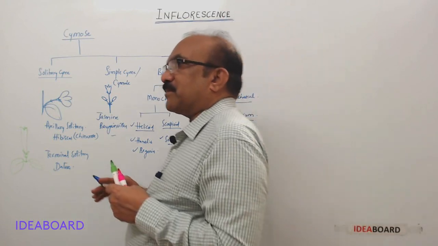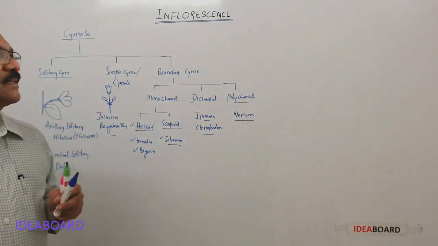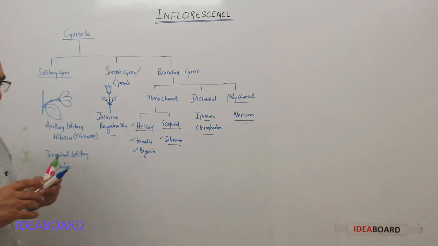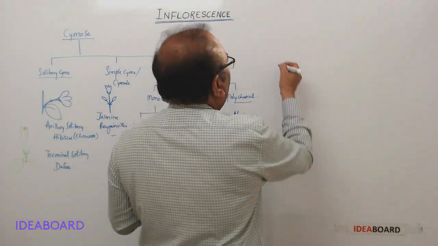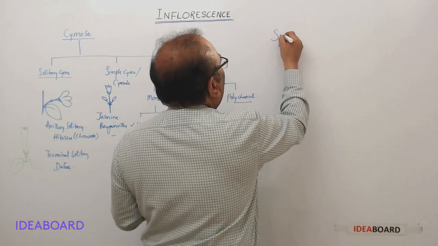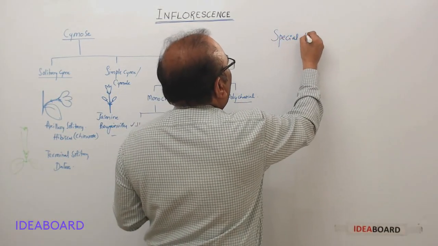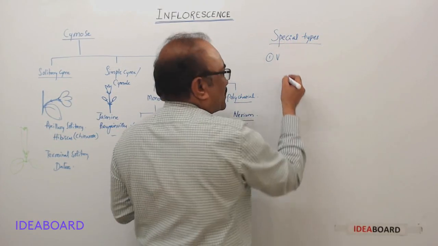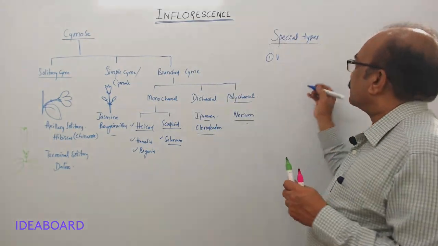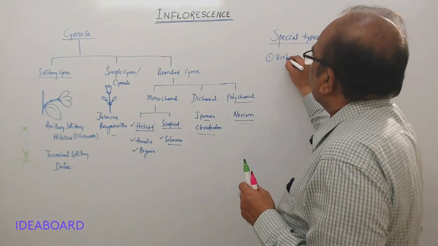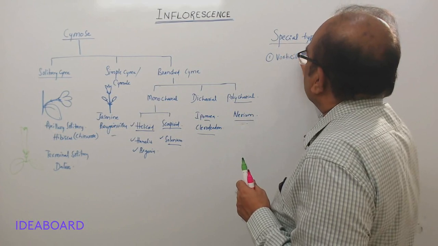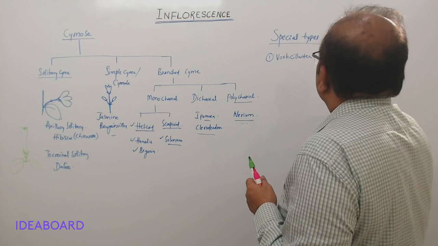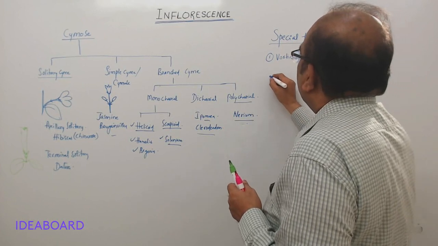These are different types of inflorescences. There is racemose and cymose, but we have some more special types. One is verticillaster, which you will find in Leucas.